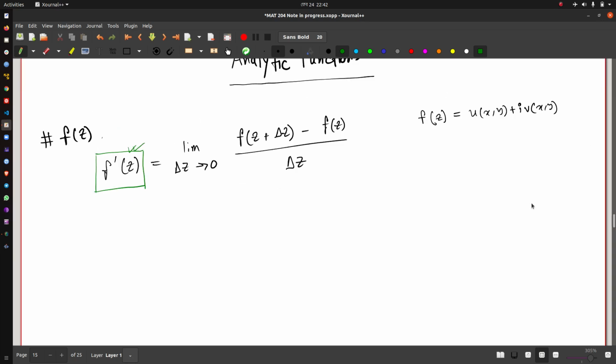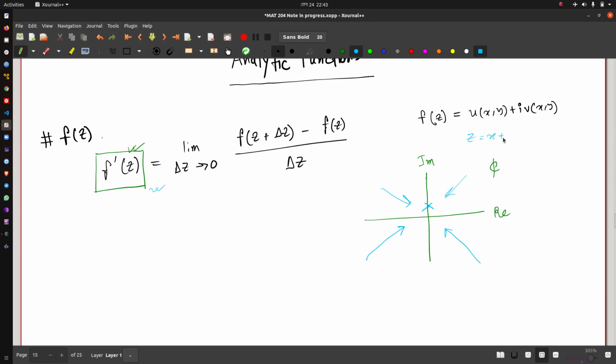Now, recall that we are trying to define this derivative on a complex plane. This is the complex plane, this is the real axis, this is the imaginary axis, and so on. In the last lectures we said that this derivative should exist regardless of your direction of approach. Let's say this is the point of interest, and no matter which way you come, you will always get the same value if you try to compute this quantity, because z was x plus iy, and you can write this as a parametric curve with parameter t.